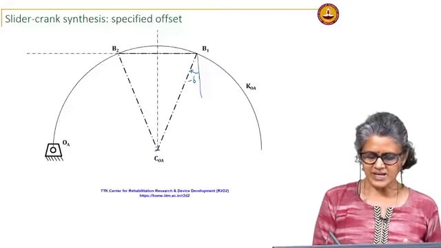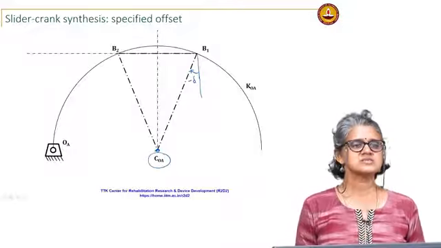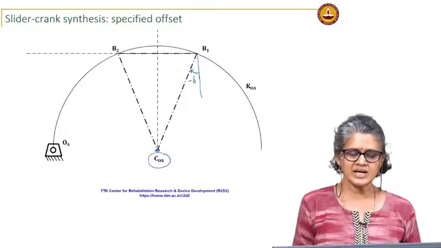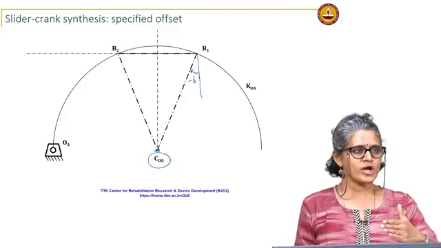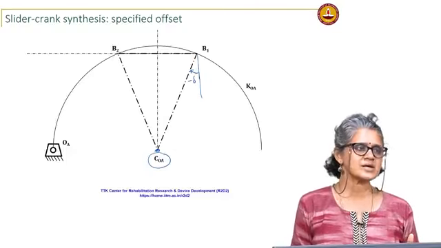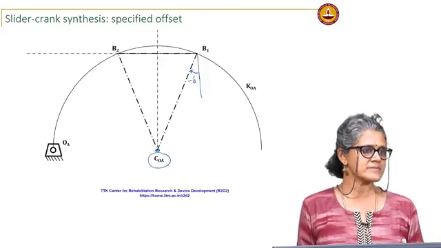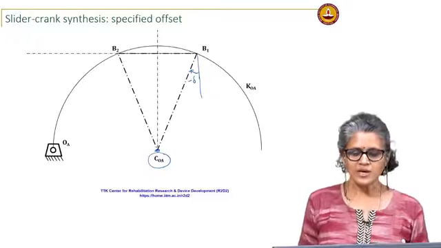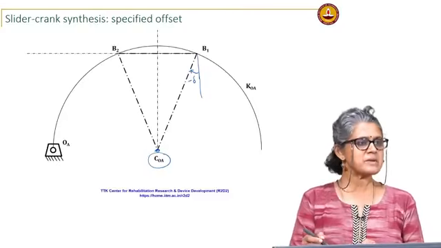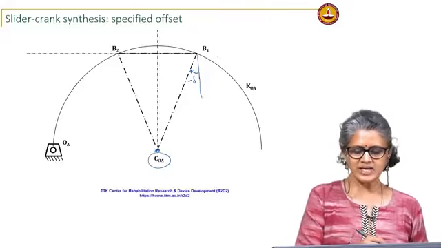Where it intersects gives me the center of the circle on which OA will lie, such that if I pick a point on it, I will always get the timing ratio that I want, because the timing ratio is a design parameter, a requirement. Once I find the center, obviously B1 and B2 have to pass through that circle. So, I know my radius, and I construct this circle.